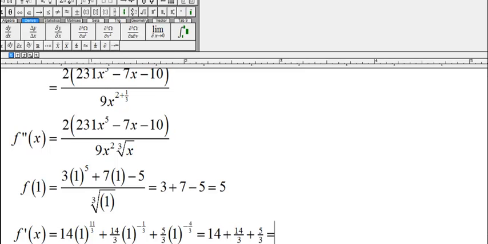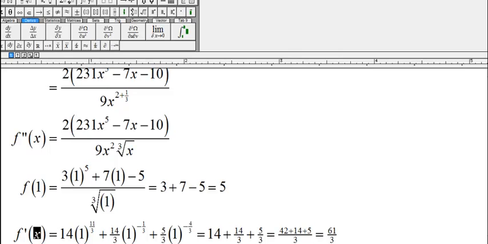And so we get a common denominator of 3, and we get 14 times 3 is 42 thirds plus 14 thirds plus 5 thirds equals, what is that? 40, 50, 61? 61 thirds. Okay, so that's f prime at 1.